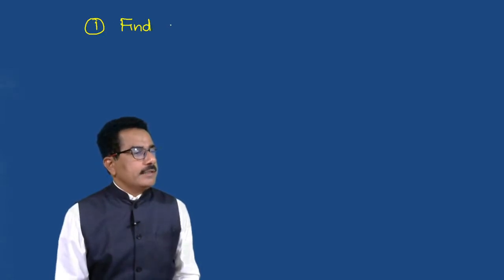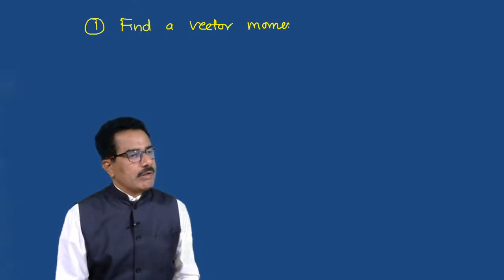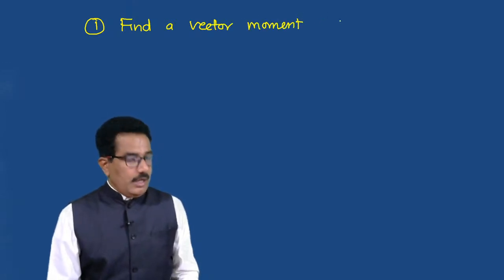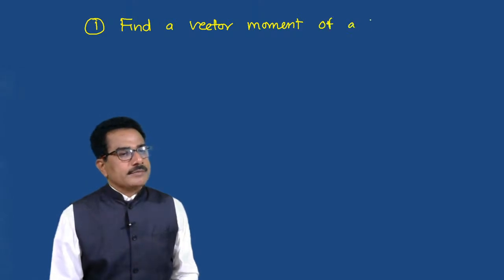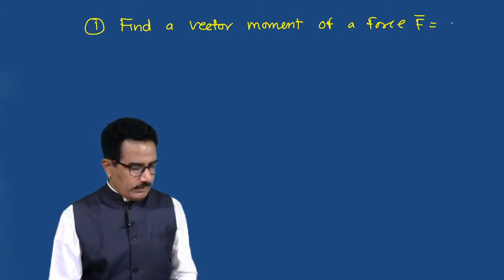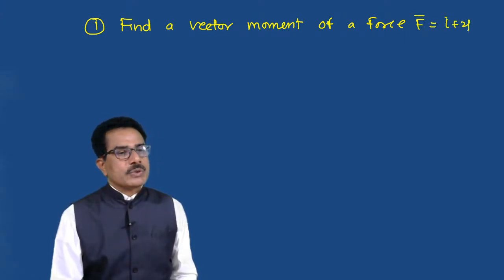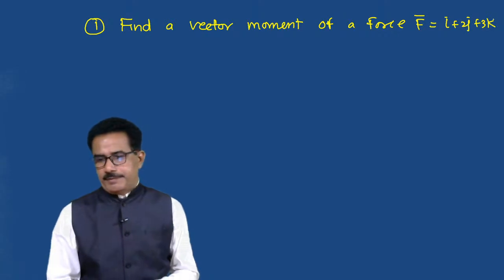See here. Find the vector moment of a force F bar, which is equal to i plus 2j plus 3k.